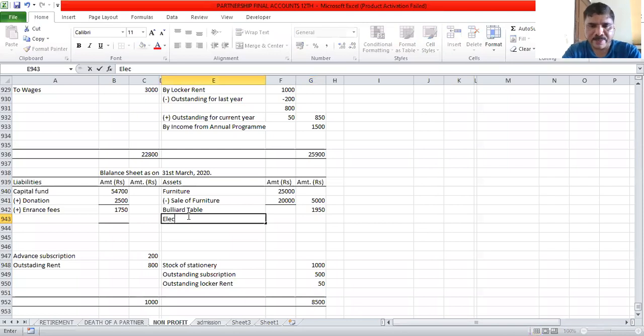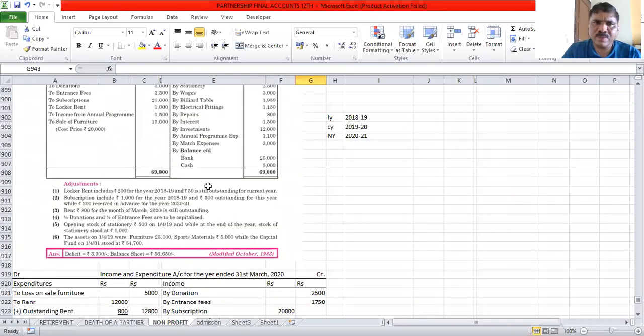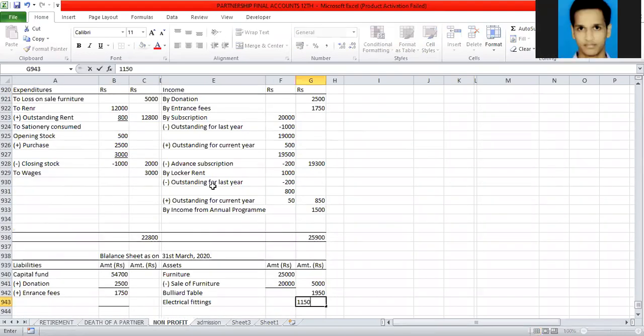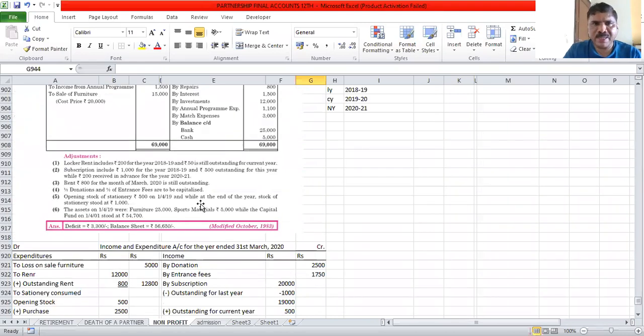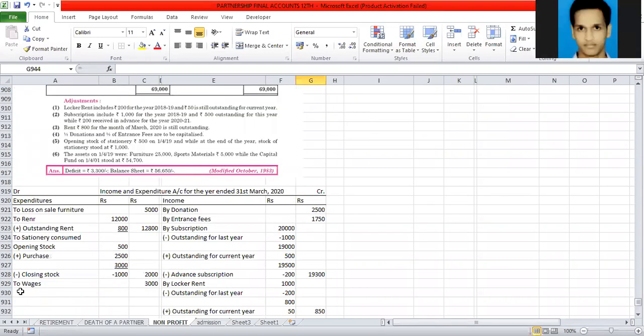Electrical fittings, amount is 1,150. Next we have repairs. Where will you take repairs? Expenditure, to repairs.